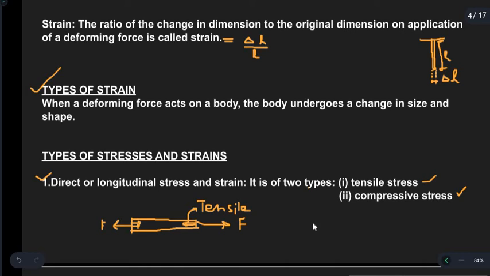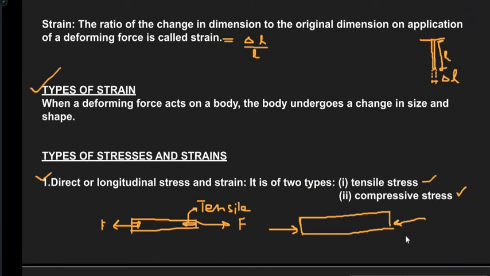But now let's say there is this body, and you are trying to compress it. It is not the case कि आपका elasticity will always be about कि आप deforming force जब भी apply करोगे तब भी आपका body elongate ही होगा, ऐसा नहीं है. आप इसको compress भी कर सकते हो.